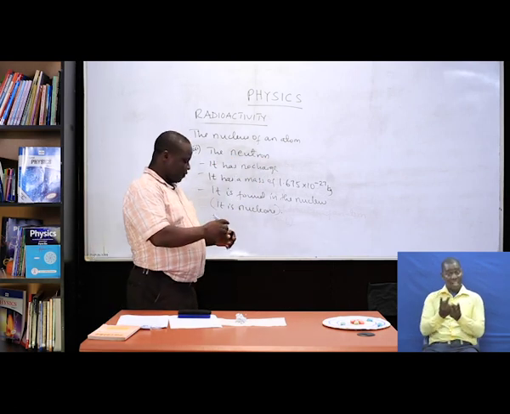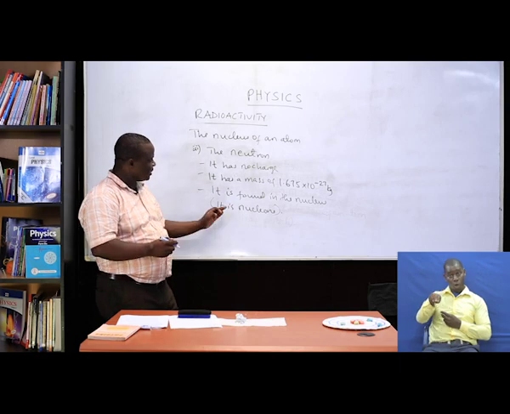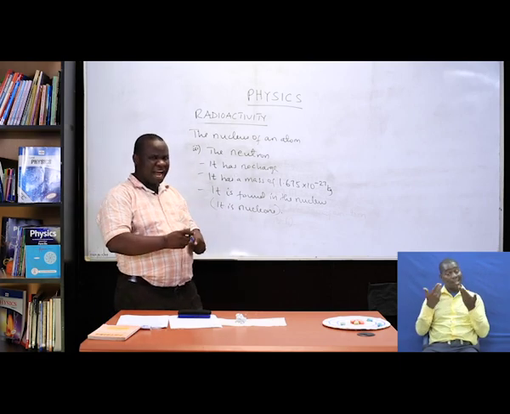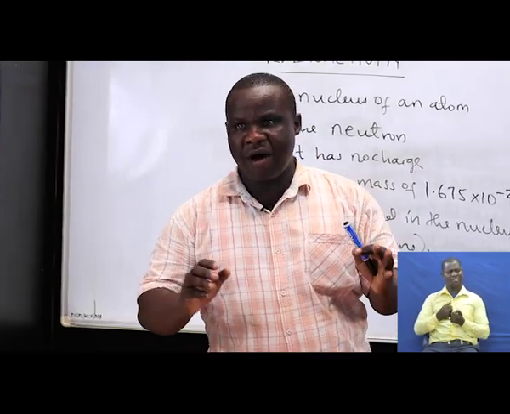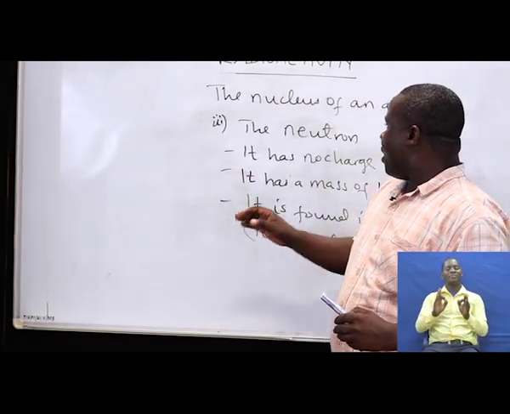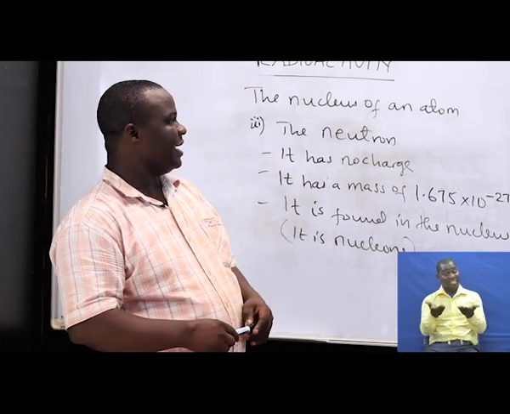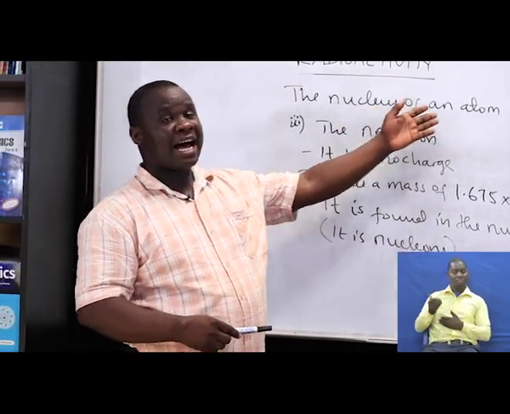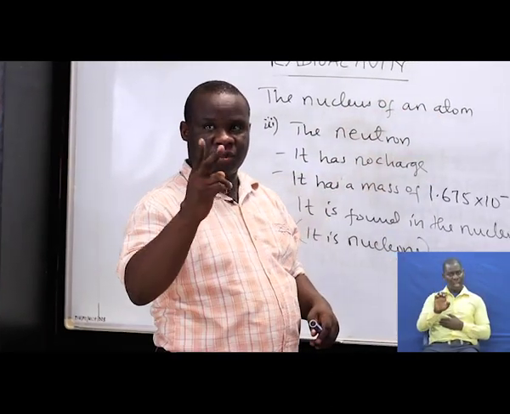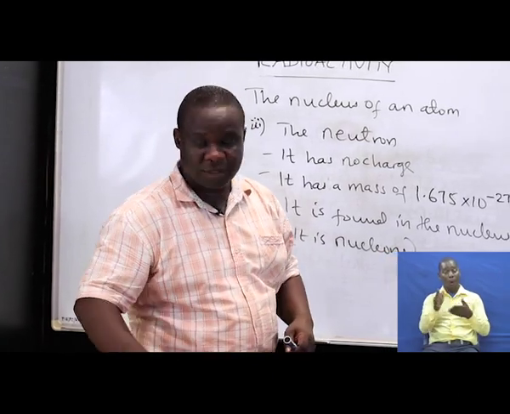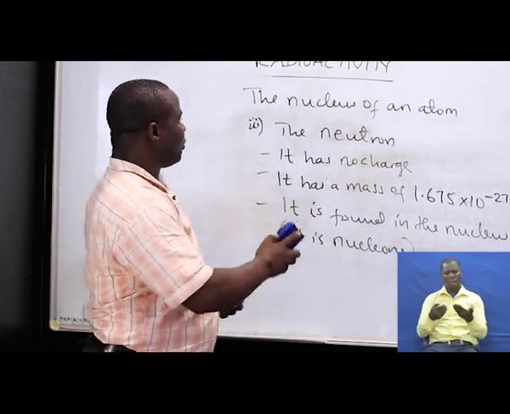Very good. Now, after looking at all this, we can now have an idea. Dear student, as we have seen here, the nucleus of an atom is comprised of the 2 main particles, the proton and the neutron.